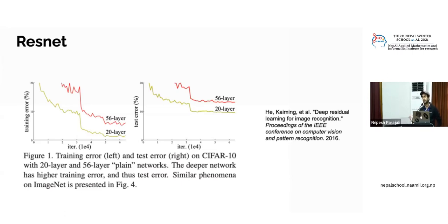But in practice, they found that this was not the case. It didn't work like this, particularly because neural networks are optimized, these are very non-linear functions, and the optimization can get stuck in bad local minima.